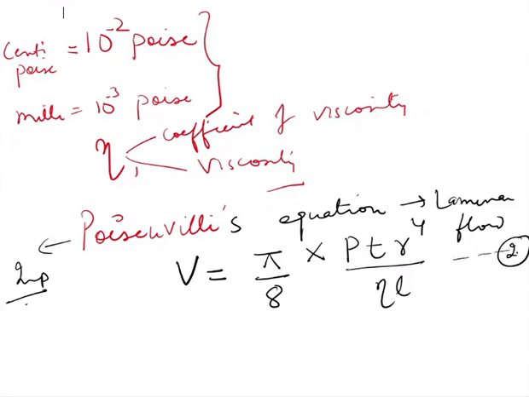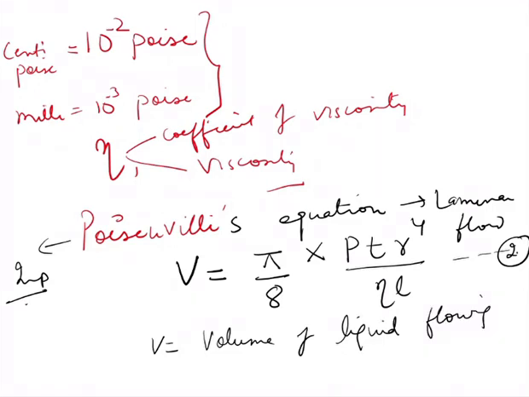So I just tell you. V is basically your volume of liquid. Class, you did Poiseuille's equation in 11th, in physics.